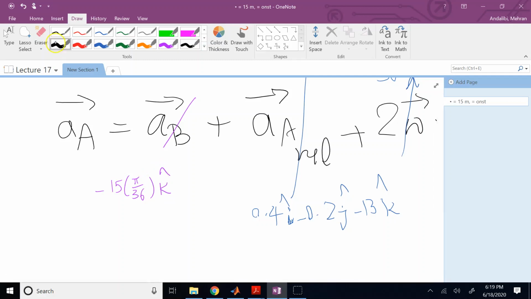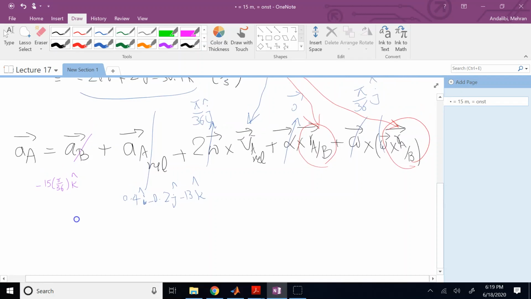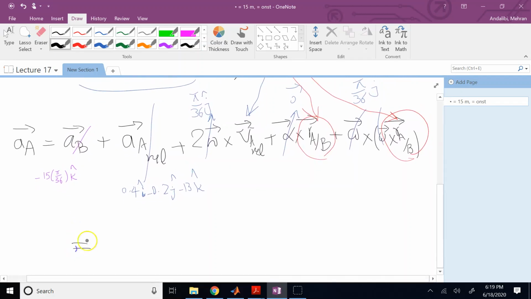And now we can simplify everything. So now, if we just carry out the cross product, then we are going to get negative 1.65i, then minus 0.2j, and then minus 6.59k meters per second squared.